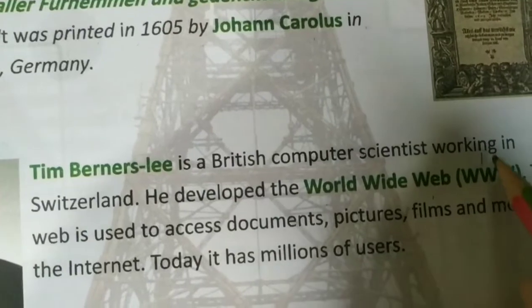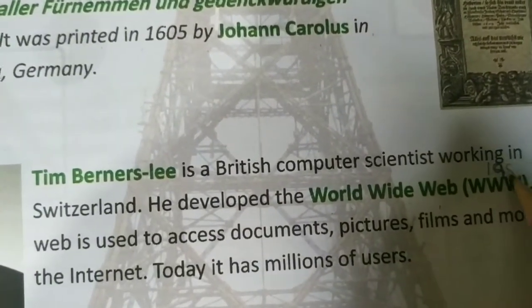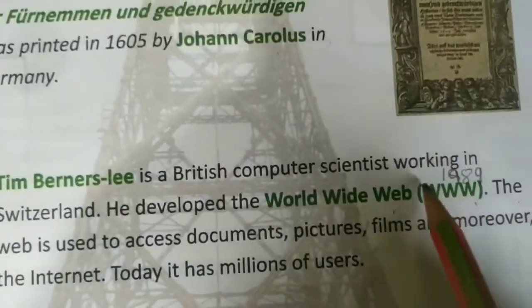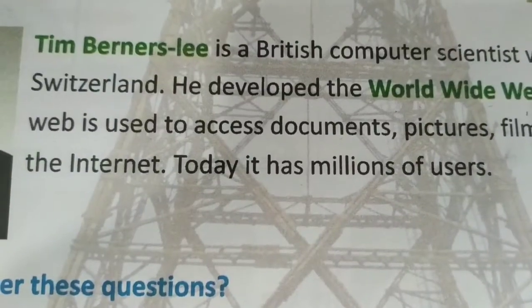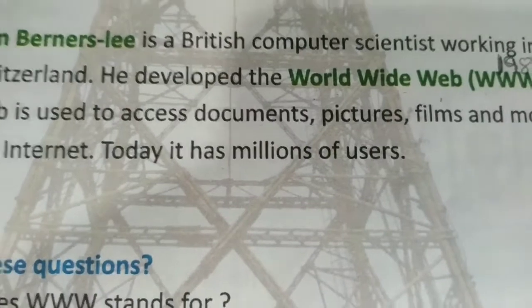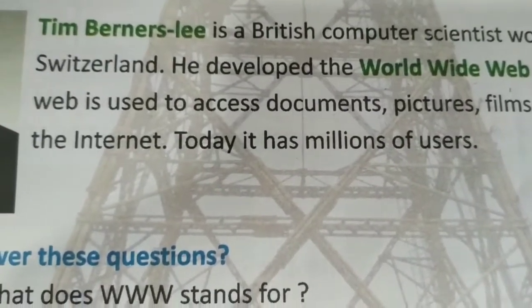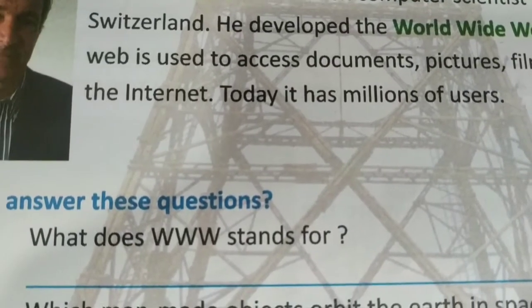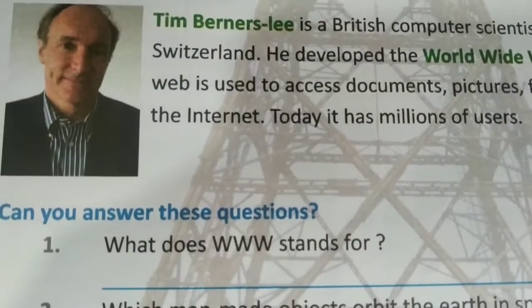So you can just write 1989 on top. And this web is used to find any information in the net. Through the net, when we type www.google.com, the Google page will open.